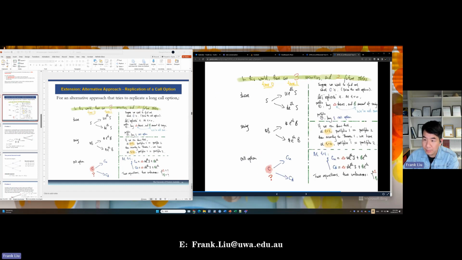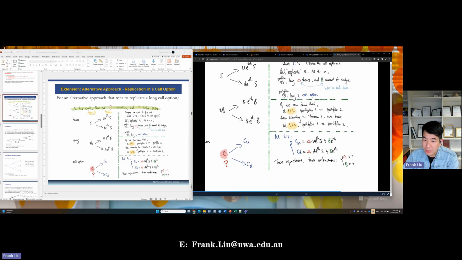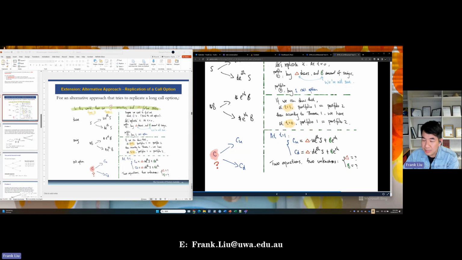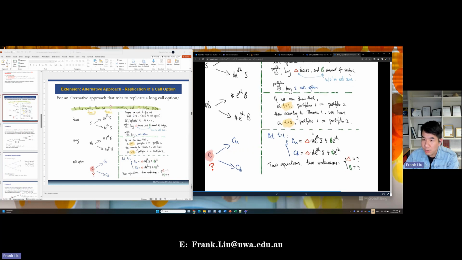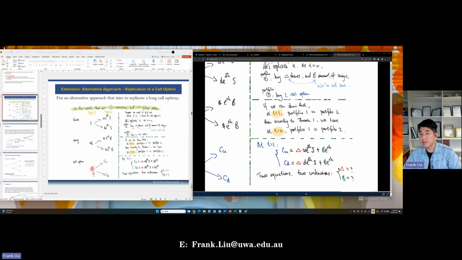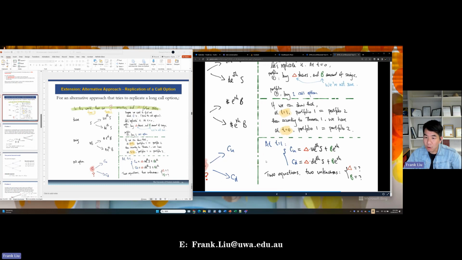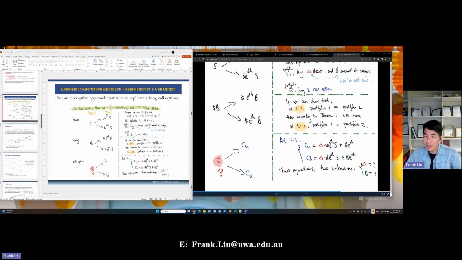Because remember, if CU equals this, CD equals this, that just means this portfolio 1, by buying delta shares and B amount of savings, will give you the same value as the call option in the up state, as well as the same value as the call option in the down state. In that case, we replicate the call option value such that the call option price should be the same as the cost to construct portfolio 1.